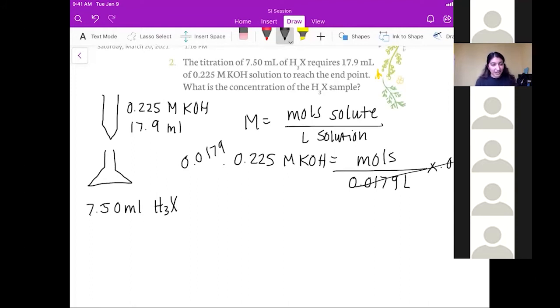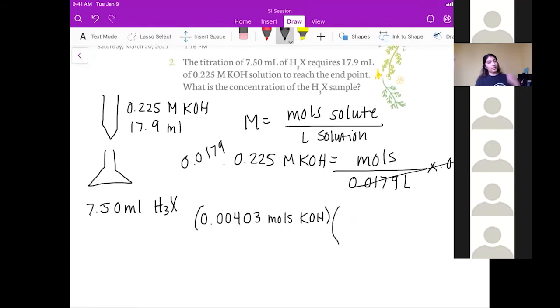The answer that I got is also 0.00403. I think someone put the final answer for the problem, but we're still on moles of KOH right now. Then let me move it a little bit to the side so we can do dimensional analysis. So we have moles KOH, and we need to convert to moles of H3X.